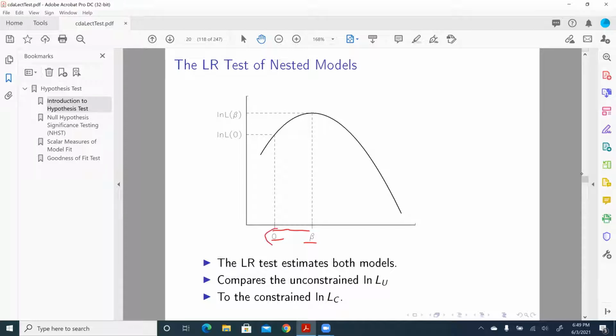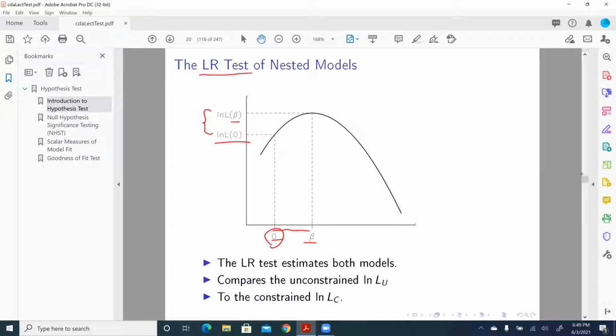Unlike the Wald test, which gauges the horizontal distance between the maximum likelihood estimator and the null value 0, the log likelihood ratio test, or LR test, computes the vertical distance between the log likelihood of the full model and the model that it's compared to. Here we can call it the null model.